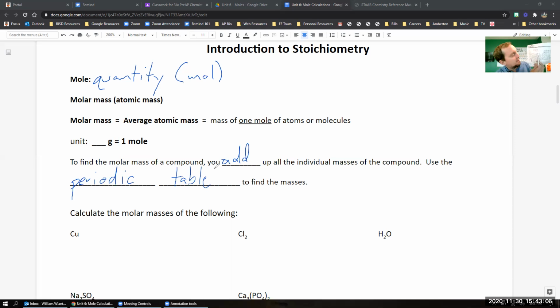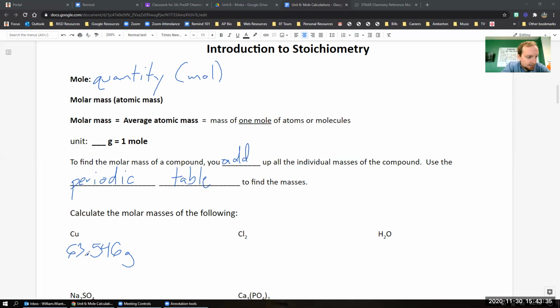Copper is located right here, element Cu, and it is 63.546 grams. That's the mass of 1 mole of copper, or again, 6.022 times 10 to the 23rd atoms of copper.